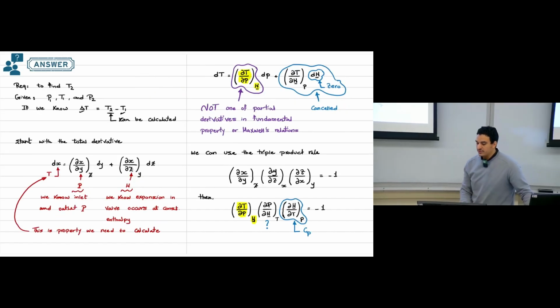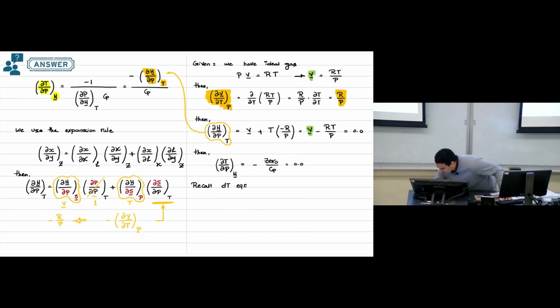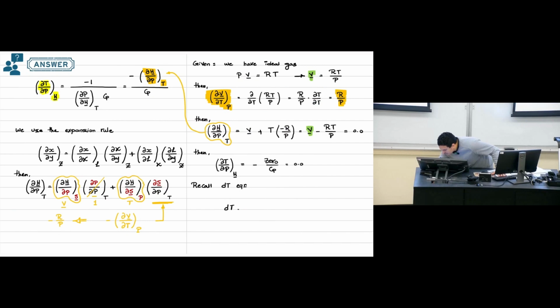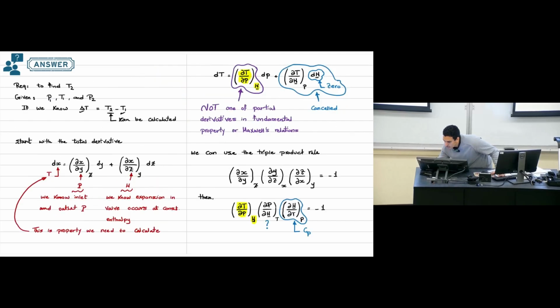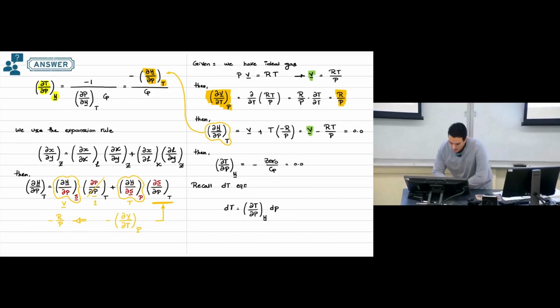The first equation we have is dT equals dT by dP at constant H times dP.